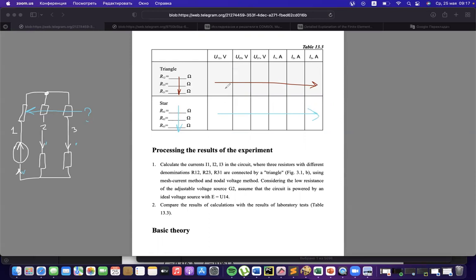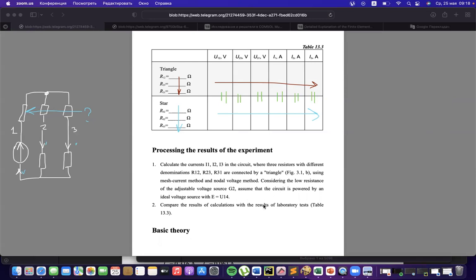And these values in the triangle and these values in the star should be equal, because these transformations are equivalent and the obtained working mode inside the circle should be the same. That is why if you obtain the same values in the table between all voltages and all currents, then you did everything well and calculated everything right.